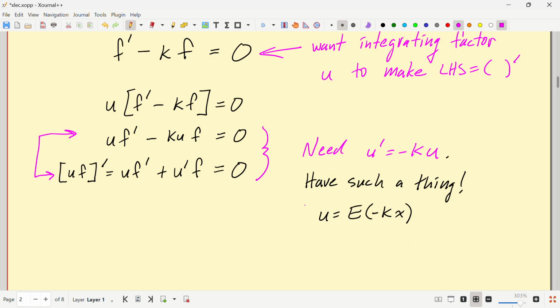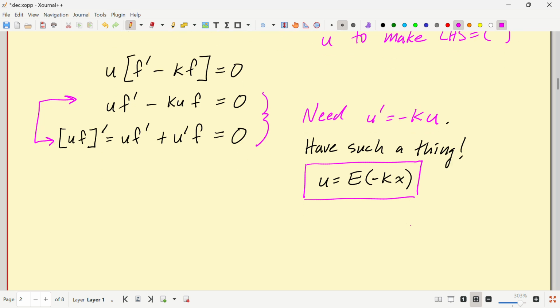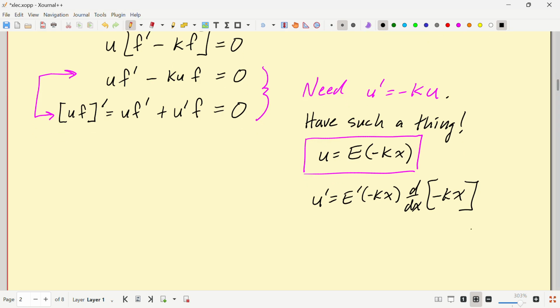That's the exciting thing. Let's see, because I'd use the chain rule, u prime would be e prime of minus kx times d by dx of minus kx. And of course, e prime is itself, so that would be e to the minus kx times minus k. Check.